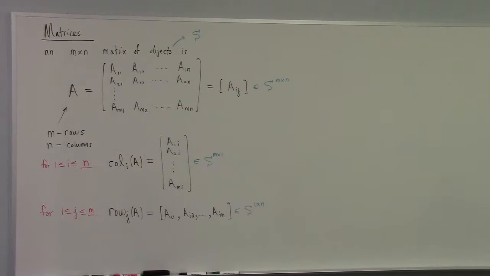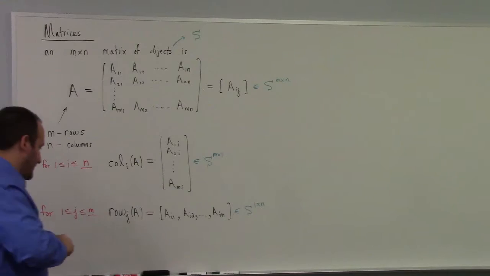I'm being deliberately vague here with S. So in Math 221, or your typical linear algebra course, you'll usually let S equal the real numbers, all right? But in here, we'd like to allow S to be other things that are a little bit more out there. Like I might want to let S have complex numbers in it, for example. I might want to let S have functions in it.